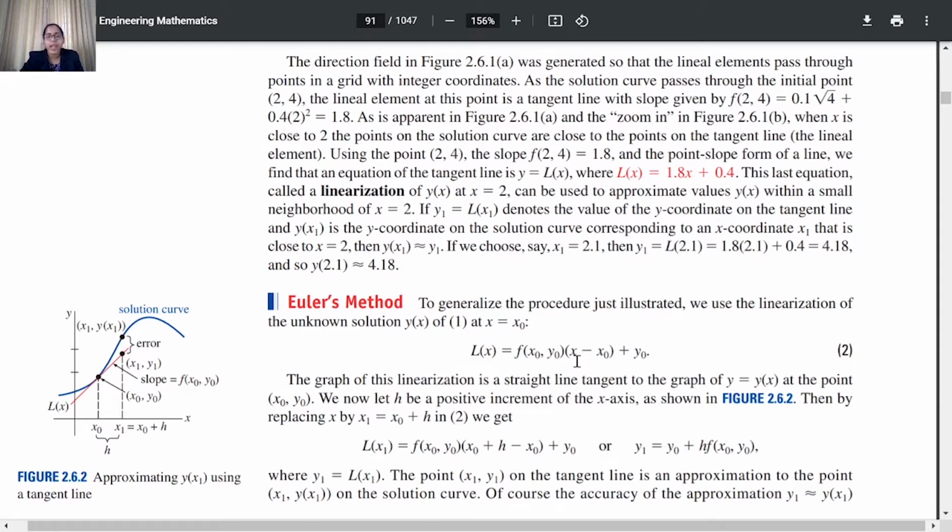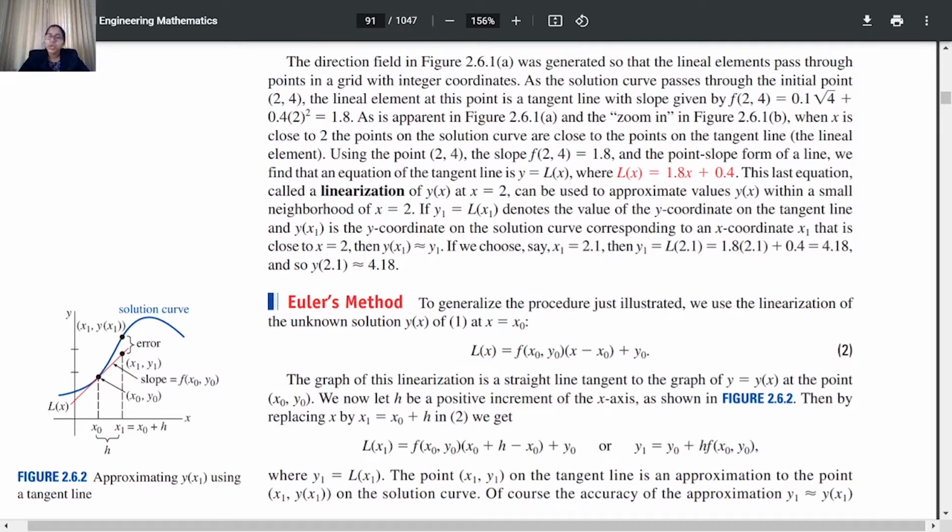X will become x1 minus x dot plus y dot. Now x1 is nothing but x dot plus h, so x dot and x dot get cancelled, and it will become h. So L of x1 will be equal to y dot plus h into f of x dot y dot, and we call L of x1 by y1. So we get y1 is equal to y dot plus h into f of x dot y dot.